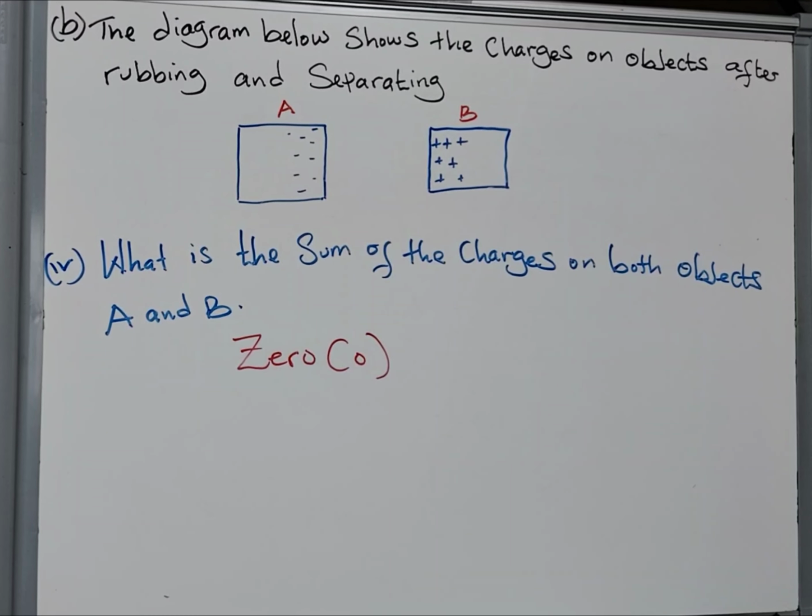Why? Because they are of the same magnitude but opposite signs. So when you add them together, you get 0. For example, if one is positive 4 and the other one is negative 4, just examples, if you add them together, what do you get? The answer is 0.